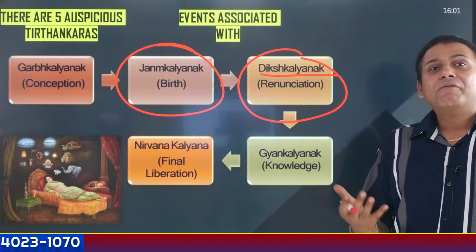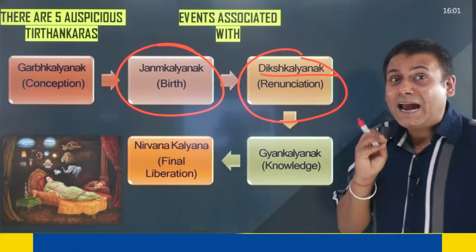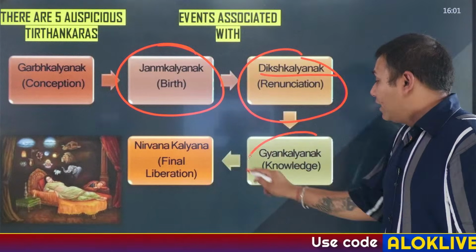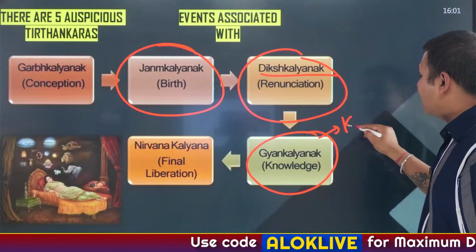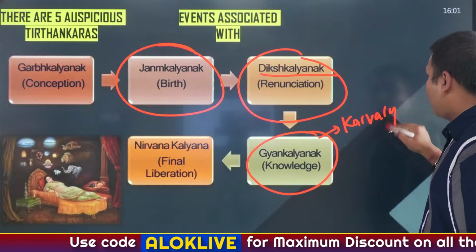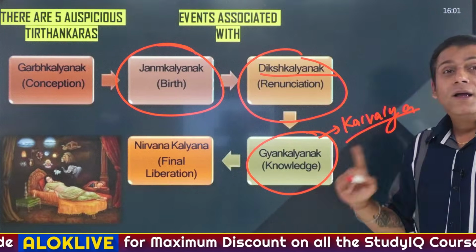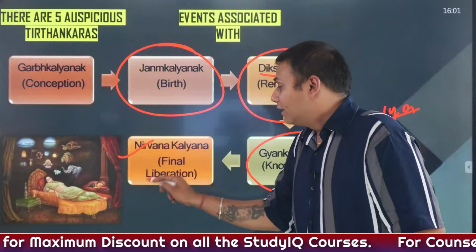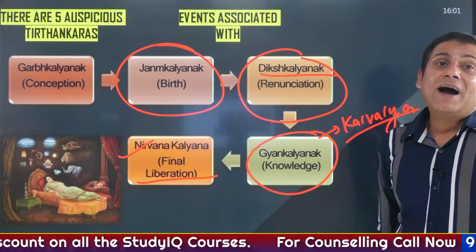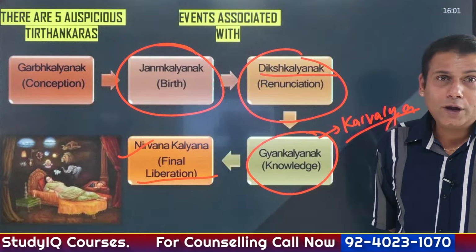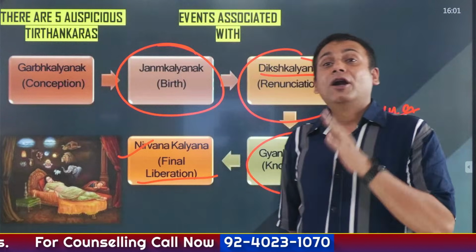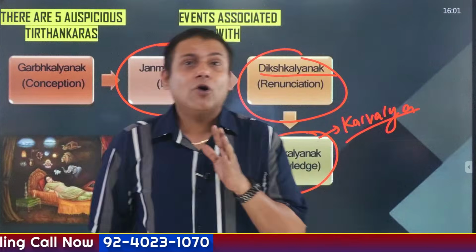After renouncing everything, the Tirthankar attains enlightenment, which is called Jnana Kalyanak. This is also referred to as Kaivalya. Terminologies are again important. And finally comes Nirvana Kalyanak, that is death of Tirthankar or final liberation and moksha. So every Tirthankar has to undergo these 5 important processes.